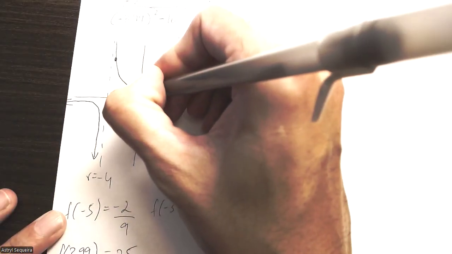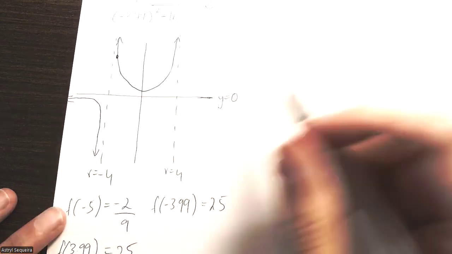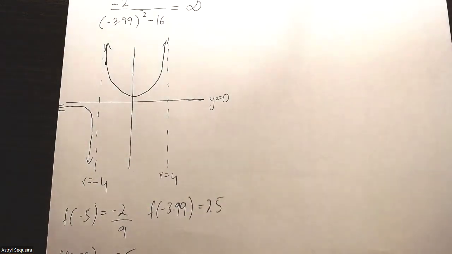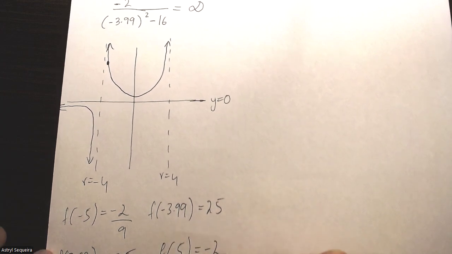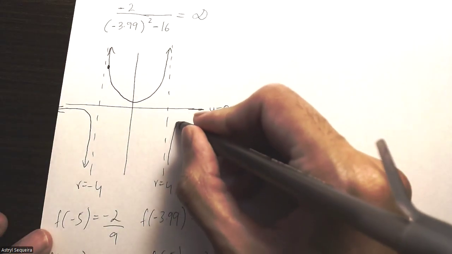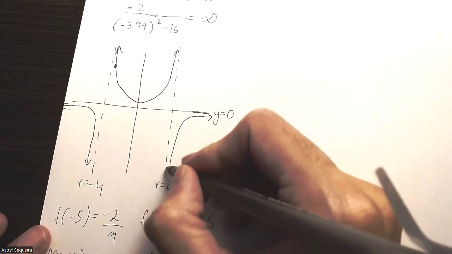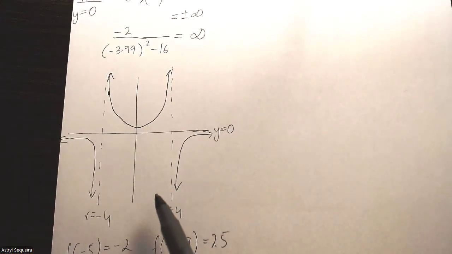So I know that this just goes like that over there. And then I just want to pick one last point here. I'll pick positive 5. And if I sub in positive 5, I get negative 2 over 9 again, just somewhere over there. So I know the graph just goes like that. And that is my graph or sketch for this function over here.